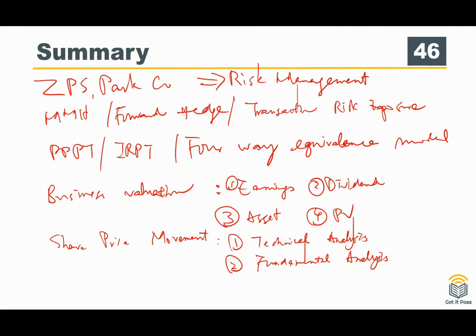We also shared with you about the EMH, the efficient market hypothesis. We have three different forms of the efficient market hypothesis, including the weak form, semi-strong form, and strong form.